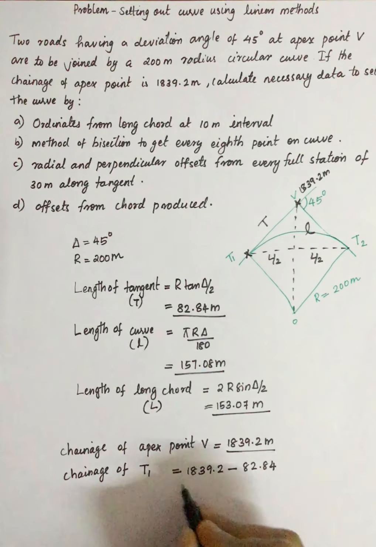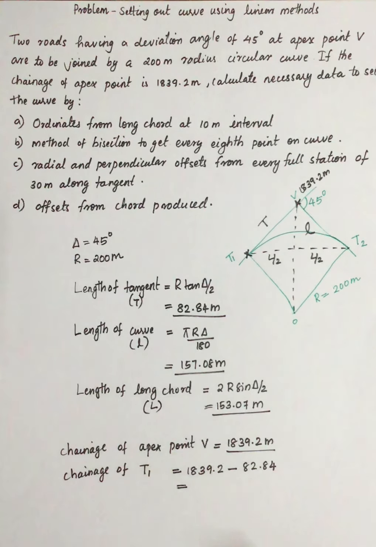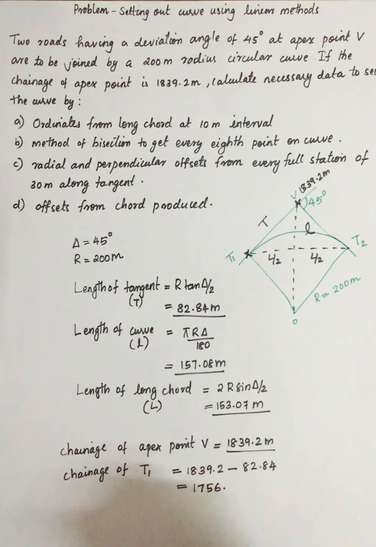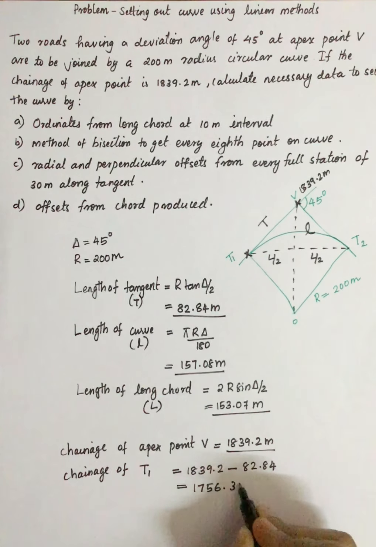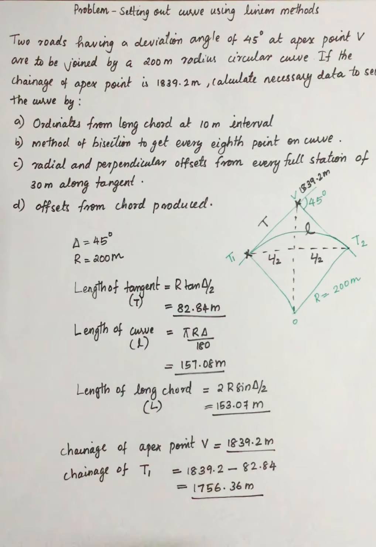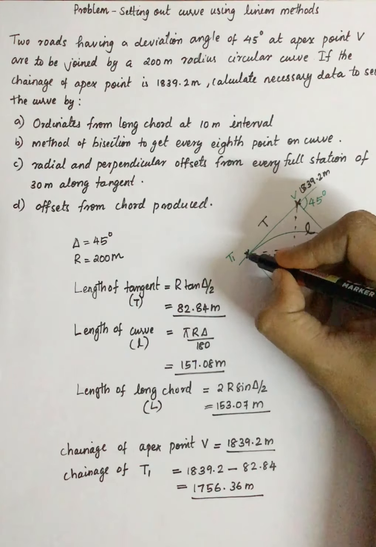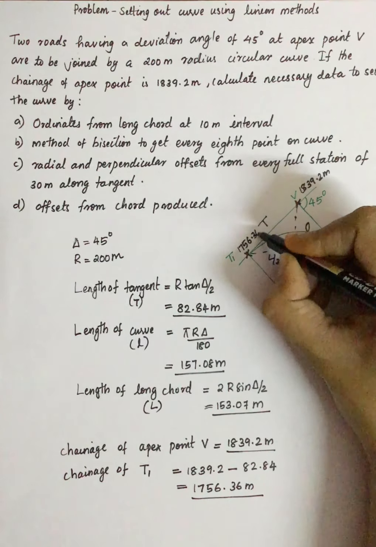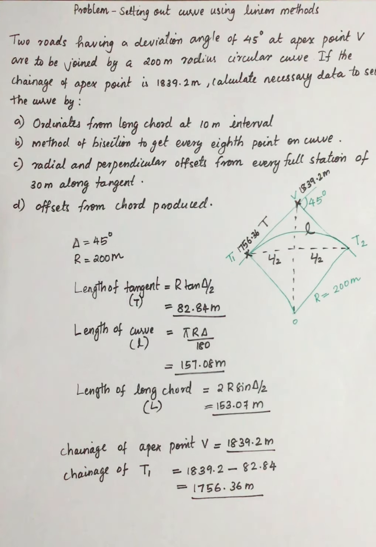So you will get the chainage of T1 as 1756.36 meters. So chainage at this point is 1756.36 meters.